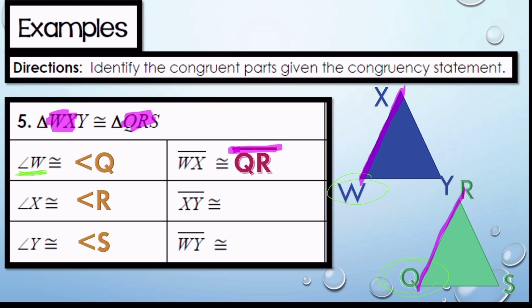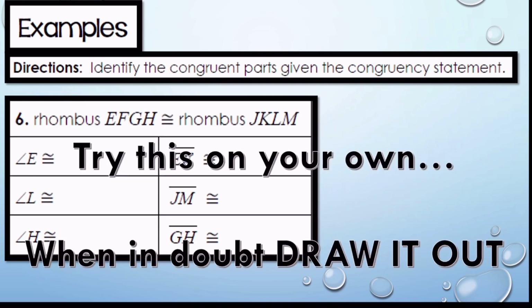You must put this on top because that means line segment. So what matches XY? RS and then SQ. So I want you to try this one on your own, but when in doubt, draw it out. If you don't remember what a rhombus is, go look at your notes from last night.